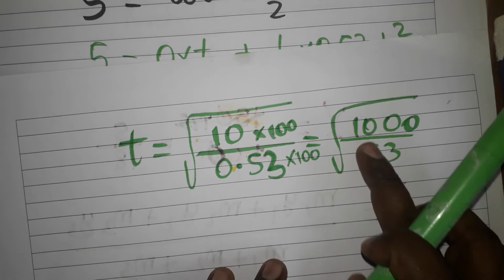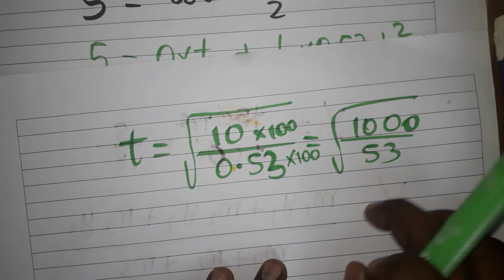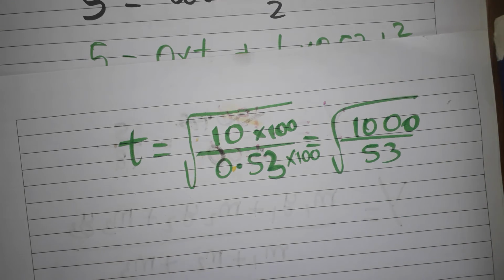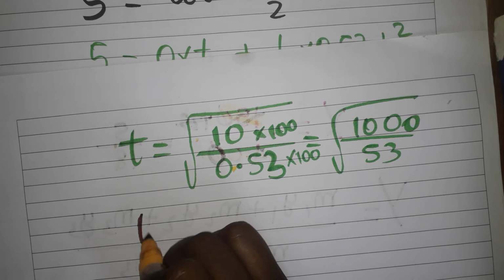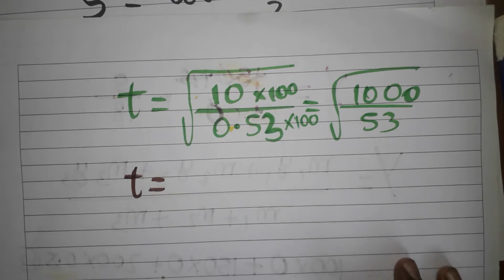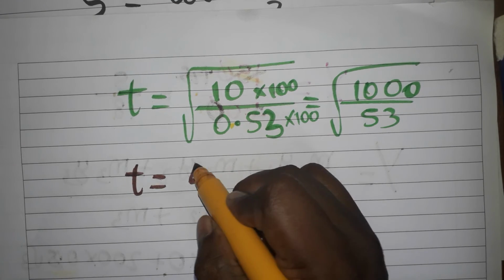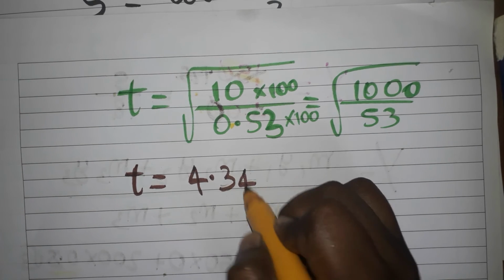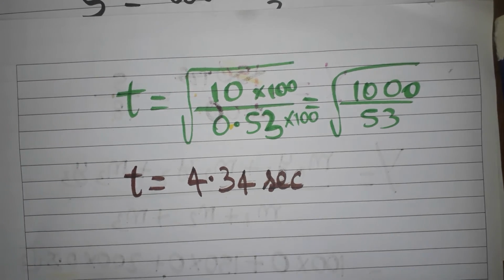Just do the division, then take the square root. So finally I will get the time period as 4.34 seconds. Time period I got.